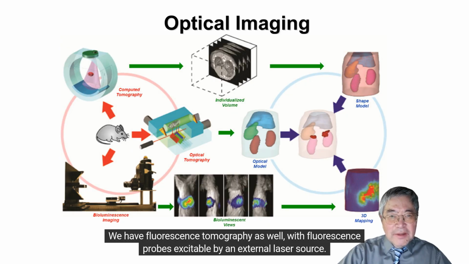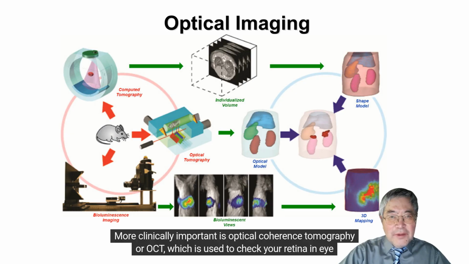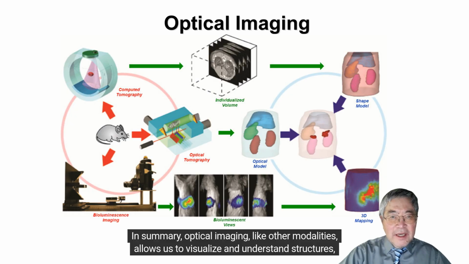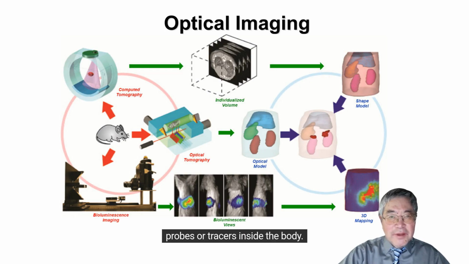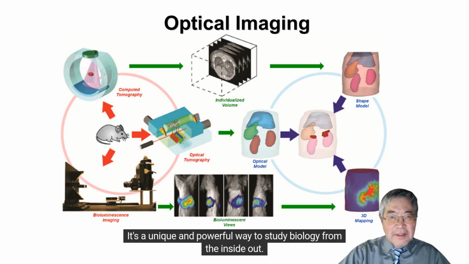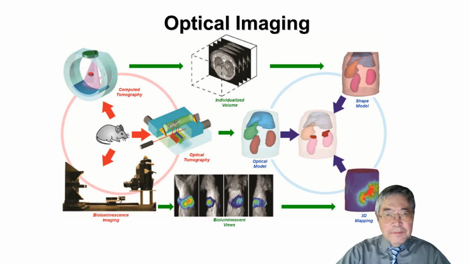We have fluorescence tomography as well, with fluorescence probes excitable by an external laser source. More clinically important is optical coherence tomography, or OCT, which is used to check your retina in the eye clinic. In summary, optical imaging, like other modalities, allows us to visualize and understand structures, probes, or tracers inside the body. It's a unique and powerful way to study biology from the inside out.